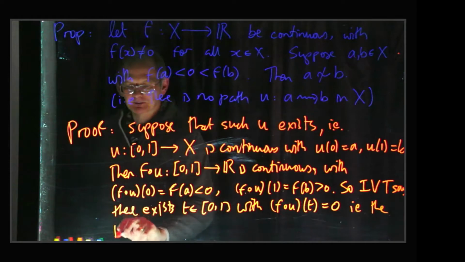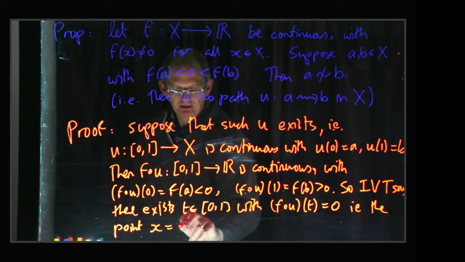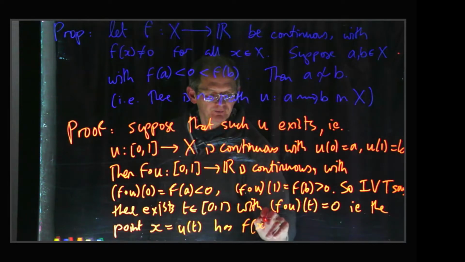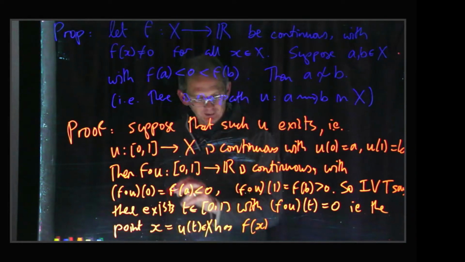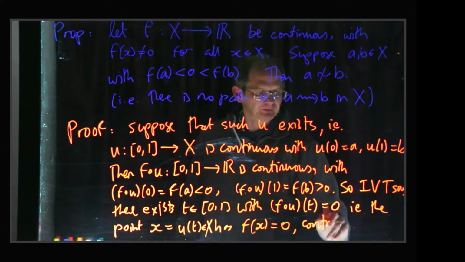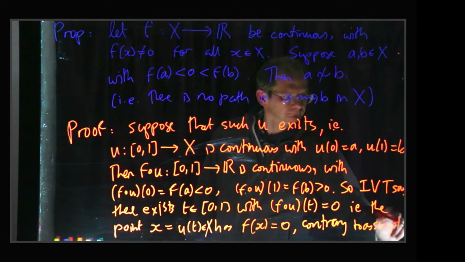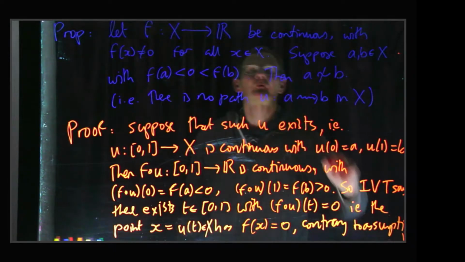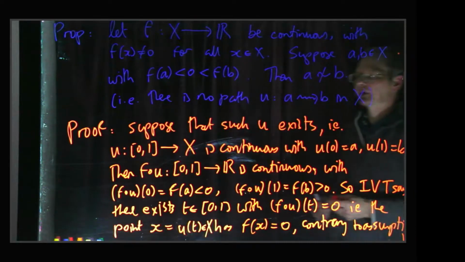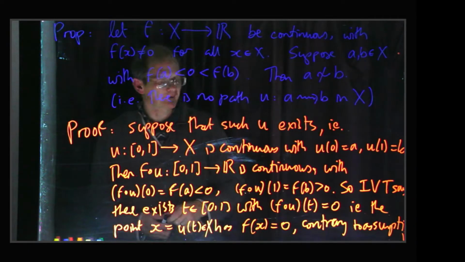In other words, the point x, which we define to be u of t, that has f of x equals 0. So this is a point in X, obviously. So this has f of x equals 0, contrary to assumption. And this was part of our assumptions here that f was supposed to be a continuous map that's never 0. Okay, so this proves that there can't be such a path.